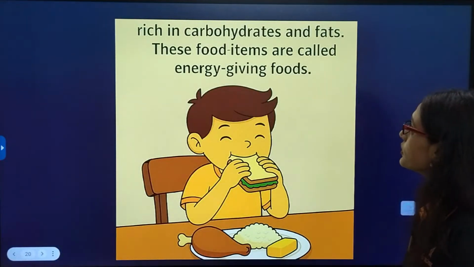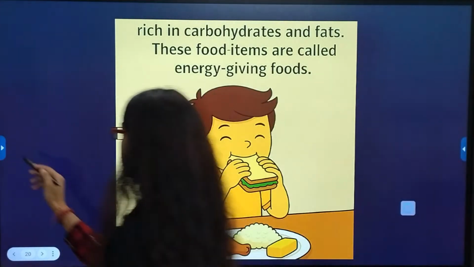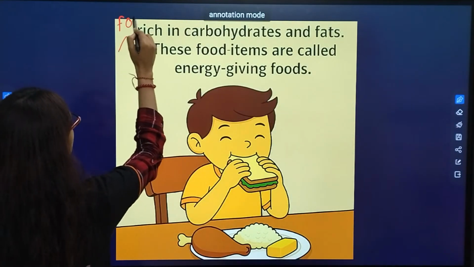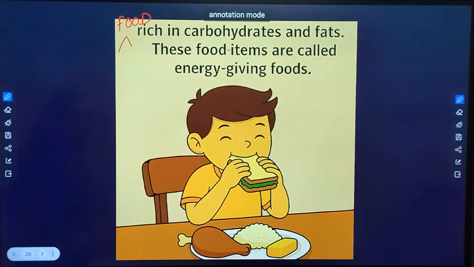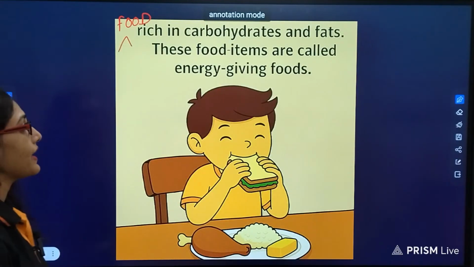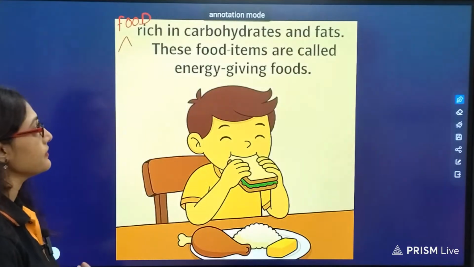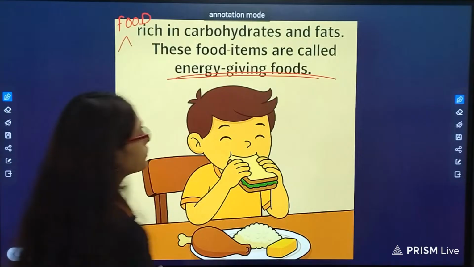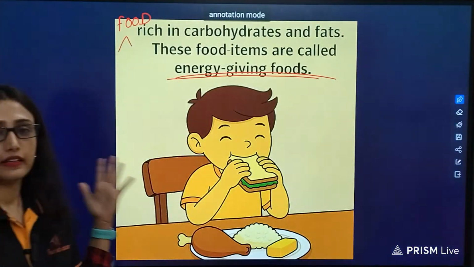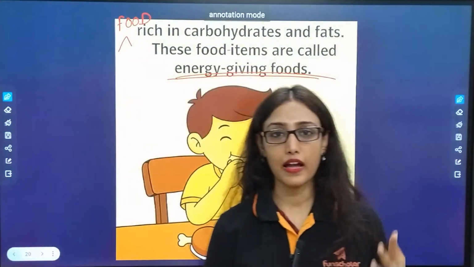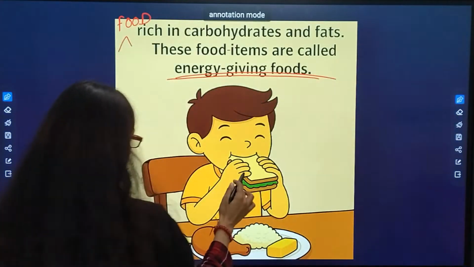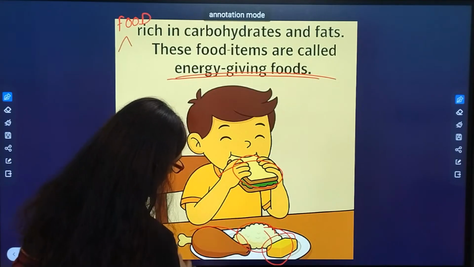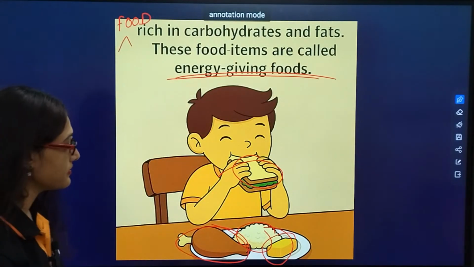So food rich in carbohydrates and fats. Why are they taken? Because they are the energy giving foods. We have already learned that carbohydrates and fats provide energy. That is why he is eating bread toast, sandwich, cheese, and meat, whatever.